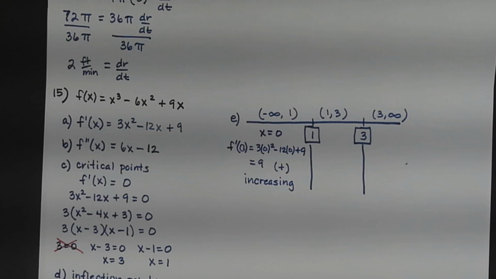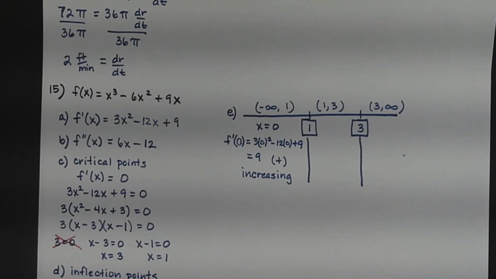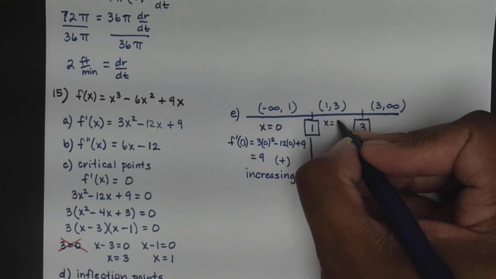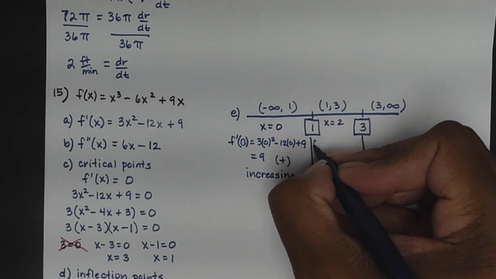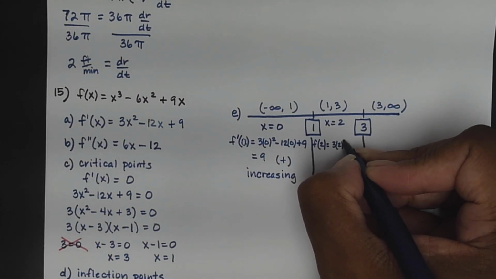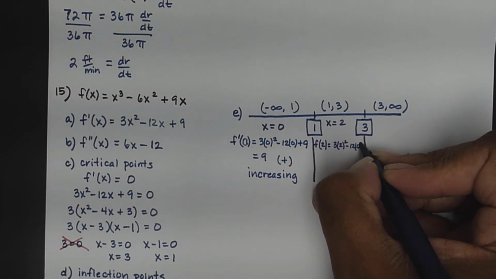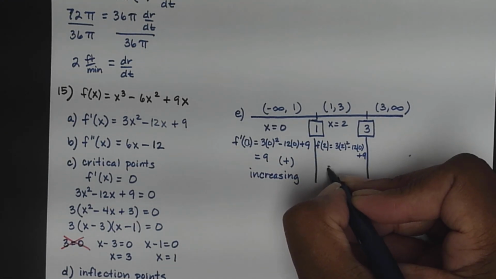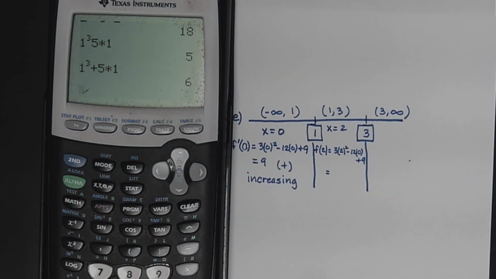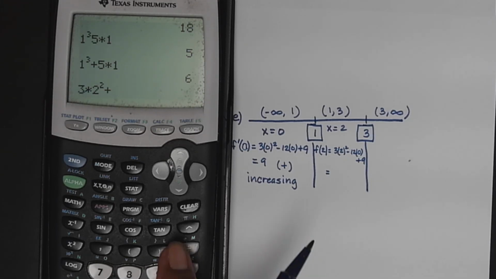Okay, is that clear? Well, if you have questions, email me. And now for x from 1 to 3, let's take a test value of 2. So that means f prime of 2 would be 3 times 2 squared minus 12 times 2 plus 9. I'm going to go ahead and use my calculator for this. 3 times 2 squared minus 12 times 2.